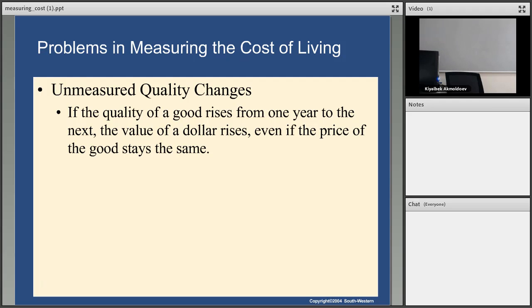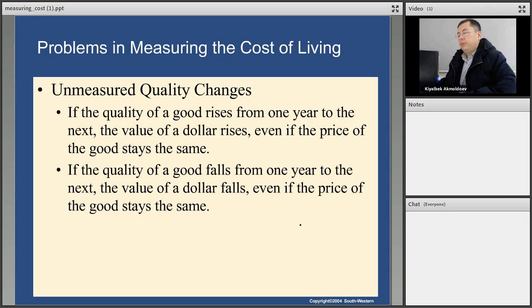They just say that prices have increased, but actually the price didn't increase. Just we see a change in price. So unmeasured quality change is this one.